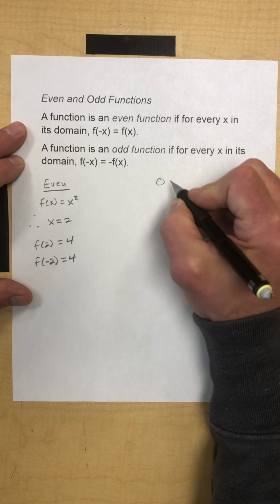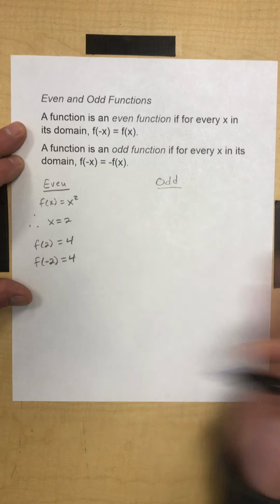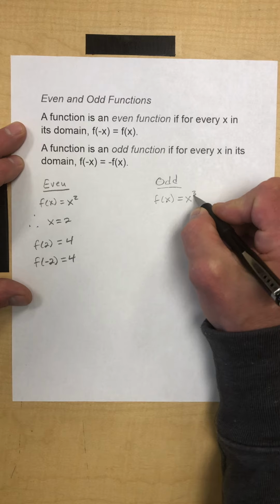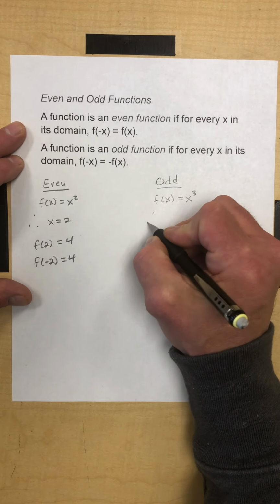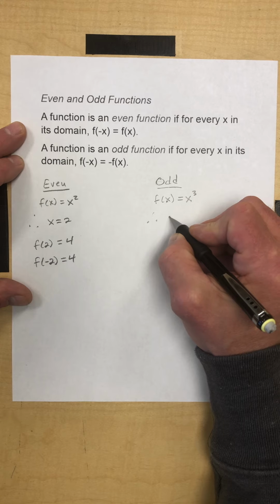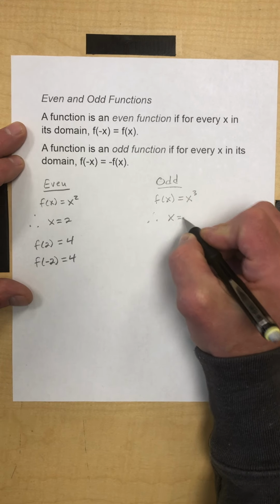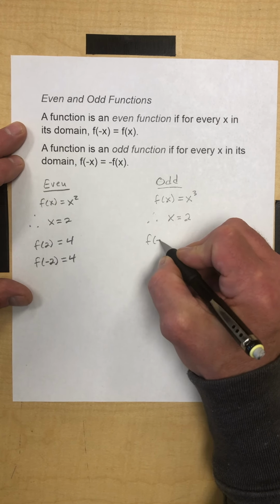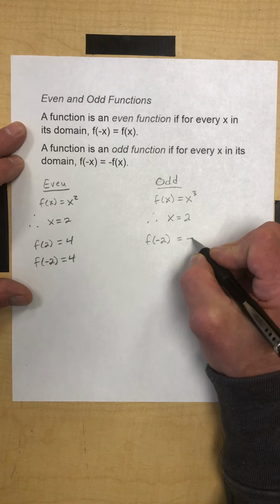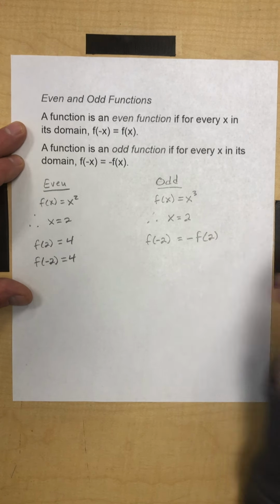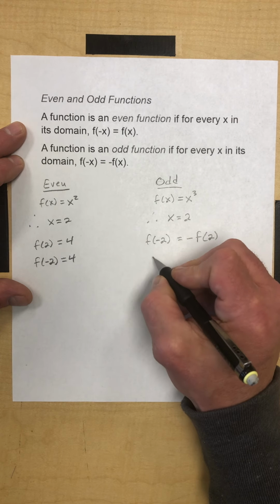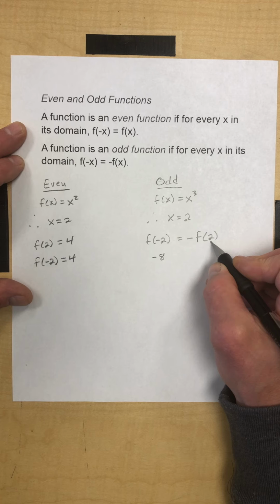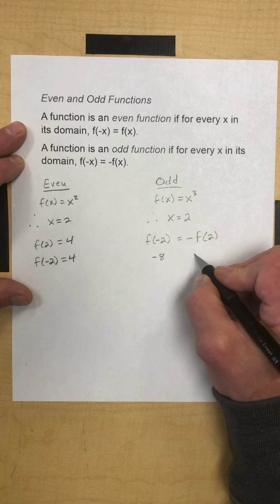An odd function would be something like f of x equals x cubed, because if I take any value whatsoever, like x equals 2, notice that f of the opposite of that ends up being the same as the opposite of f of 2. f of negative 2 would be negative 8 right here, and the opposite of f of 2 would be the opposite of 8.